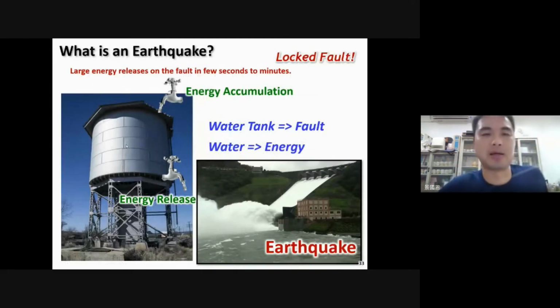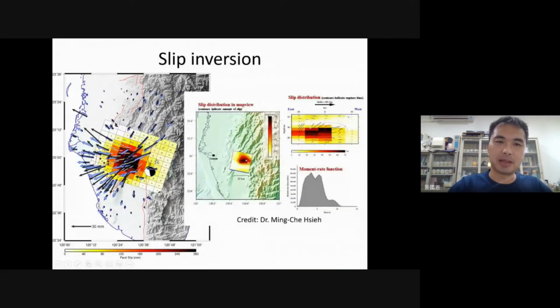Because we want to predict the earthquake or estimate the earthquake potential, we not only need to understand the size of the water tank, which is actually the size of the fault. Based on this fault model, we also know the size of the rupture area on the fault, which shows us the magnitude of the earthquake.